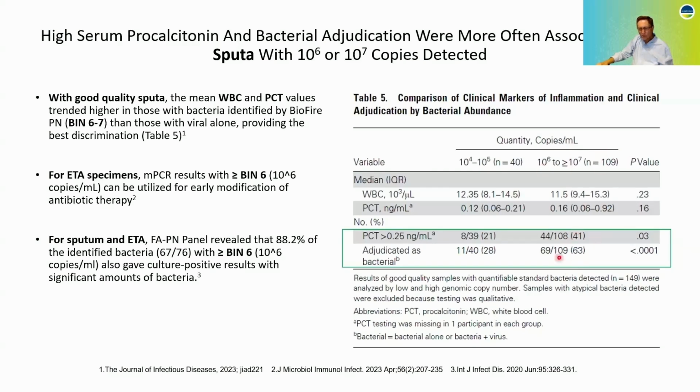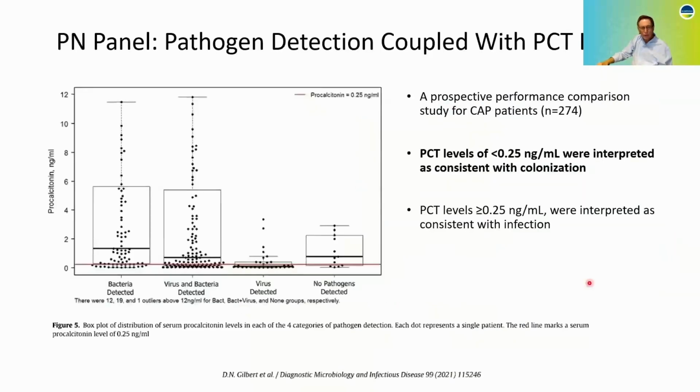So here, if the procalcitonin level is greater than 0.25, you're more likely to have a high count. If you look at this very nice study that was done by Dave Gilbert, really back several years ago, he used the procalcitonin level to try to differentiate sputums that had a detected bacteria, but considered only those that had an elevated procalcitonin level to be invasive.